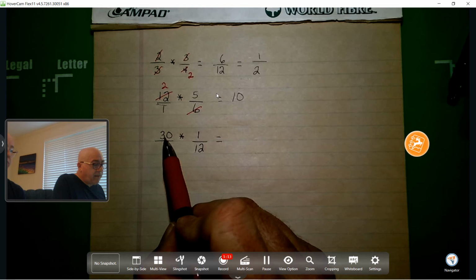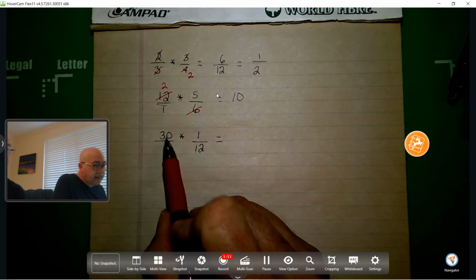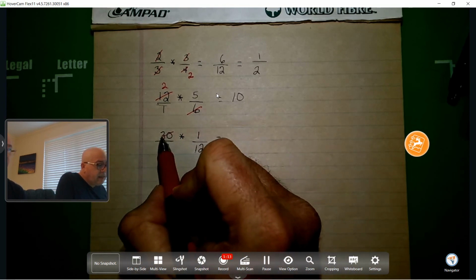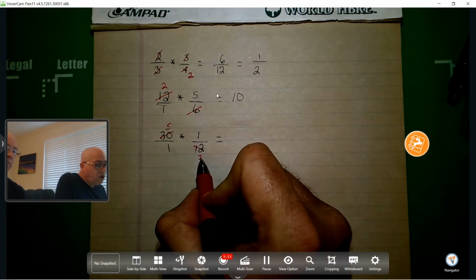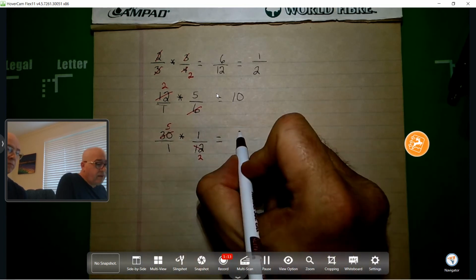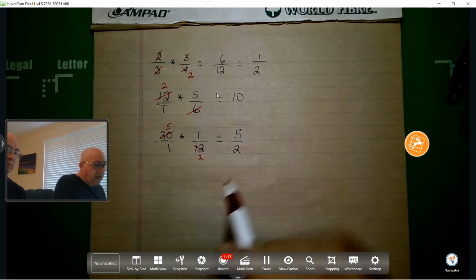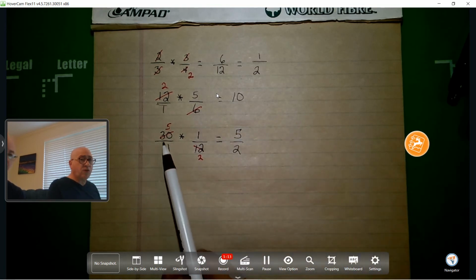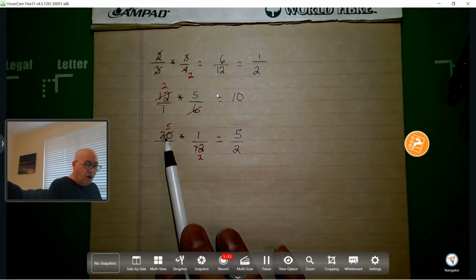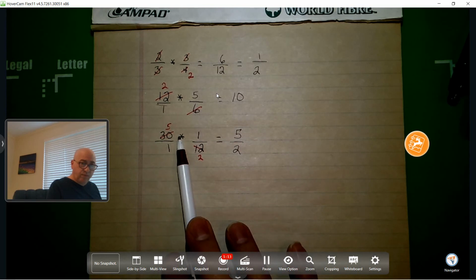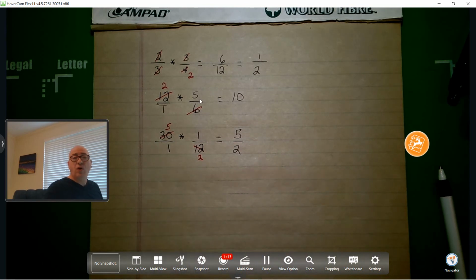If you divided both of these numbers by 6, 6 goes into 30 5 times, 6 goes into 12 2 times, so your answer would be 5/2. I just want to make sure you remember this cross-canceling, because I think this is not that difficult to do.